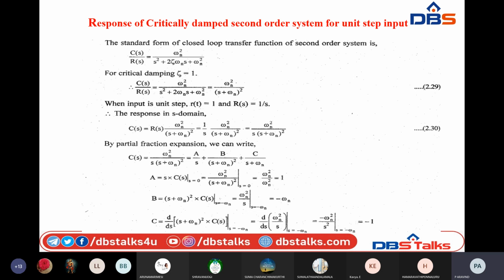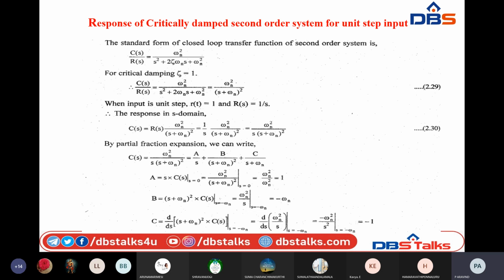Similarly find out the B value, that is B equal to the multiplication of C of s and the denominator term of B, that is C of s into s plus omega n whole square. Equate the term s plus omega n equal to 0. So simply here s equal to minus omega n. Substitute the value. Finally we have B value equal to minus omega n.